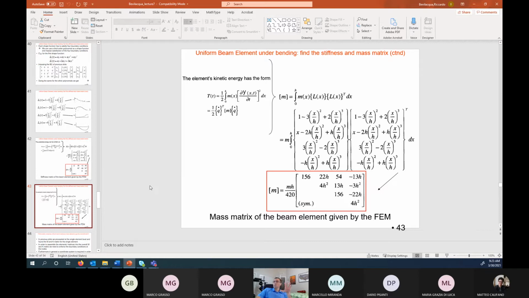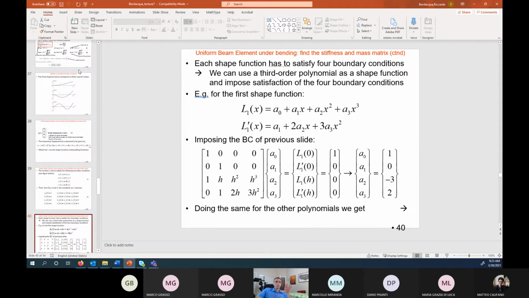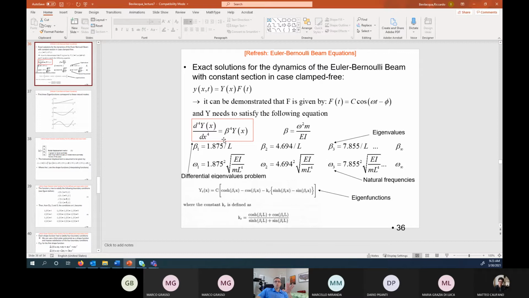Is this making sense, what I'm doing? I have a beam whose continuum behavior can be represented by solutions that look like this. If you like, a shape part, which is a function of x given by these ugly sines, cosines, cosine hyperbolic, sine hyperbolic expressions, and then a function of time, which is a cosinusoidal behavior.